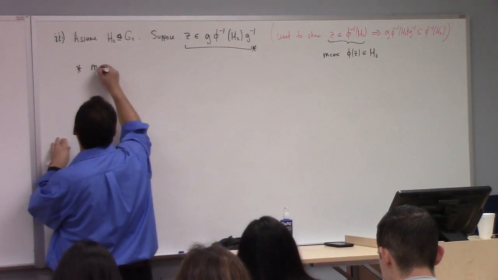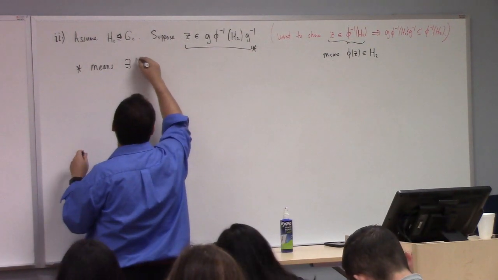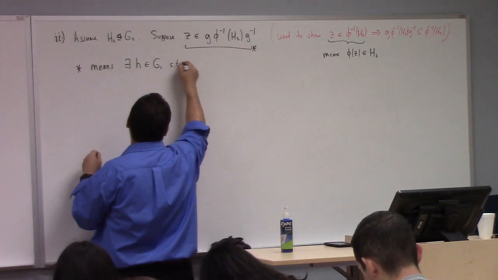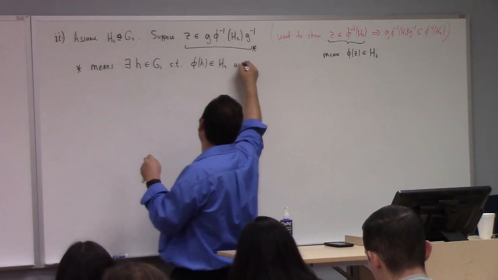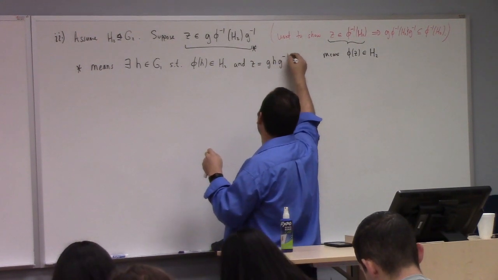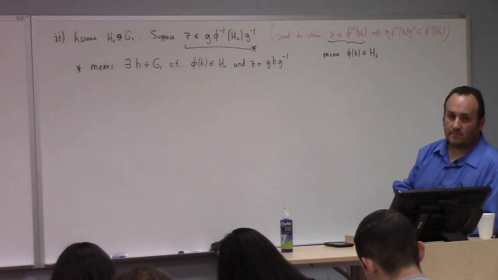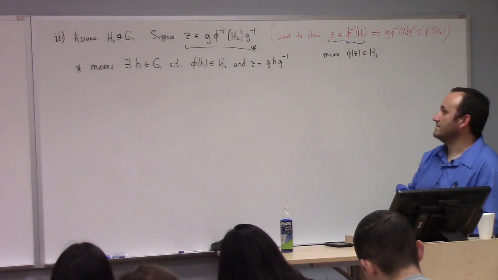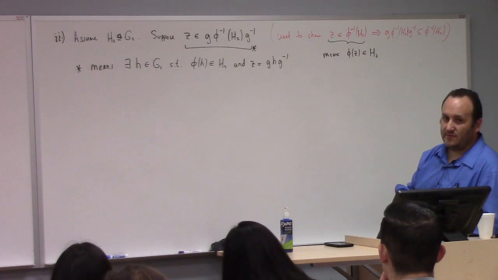Star means that there exists, let's say, h in G1 such that phi of h is in H2, and Z is equal to g h g inverse. That's what star means. There's something in the inverse image, h, such that that conjugated by g gives me Z.